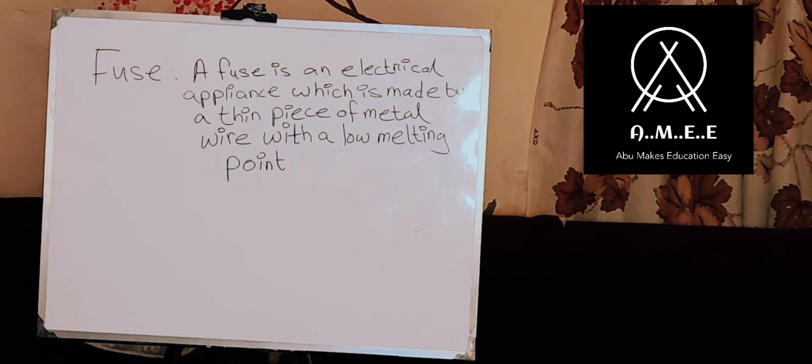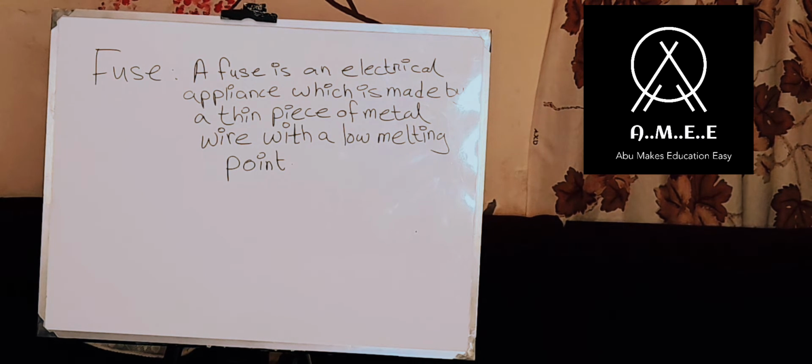Whenever there is an excess flow of current, which is above the limit, and we already know that excess means above the limit, the circuit breaker is going to turn off automatically, making the circuit incomplete, which in turn ensures that there is not going to be any flow of current.